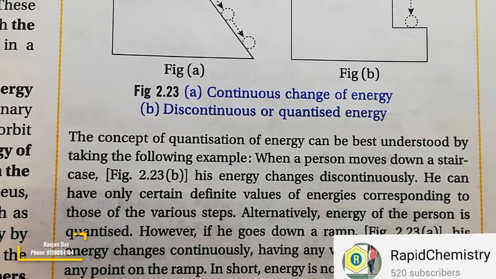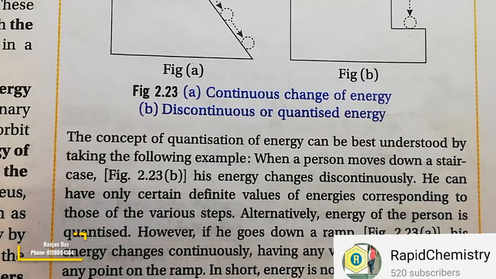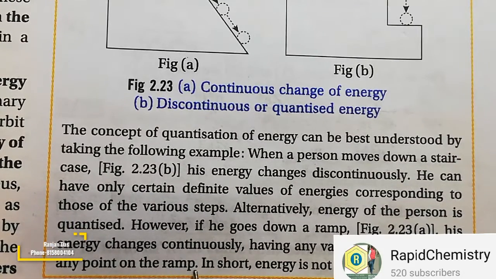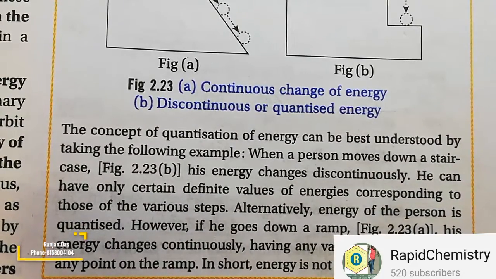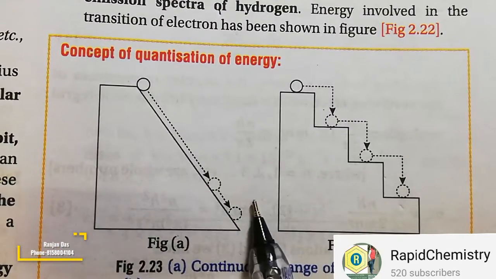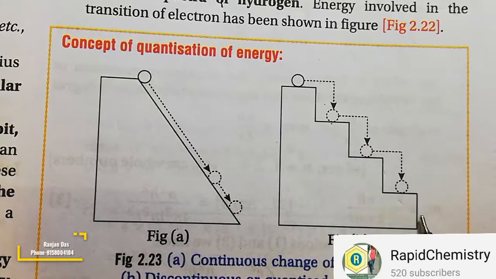However, if he goes down a ramp, his energy changes continuously, having any value corresponding to any point on the ramp. In short, energy is not quantized on the ramp, but it is quantized on the staircase.